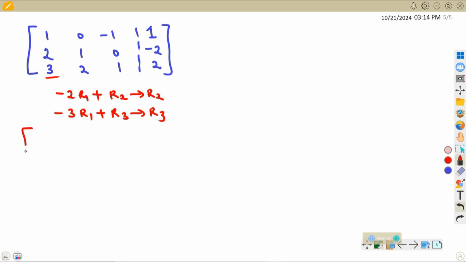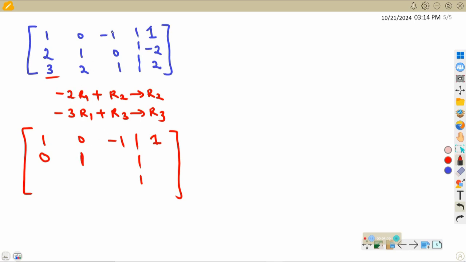Basically we shall keep the first row constant. Negative 2 times 1 plus 2 gives us a 0. Negative 2 times 0 plus 1 remains 1.